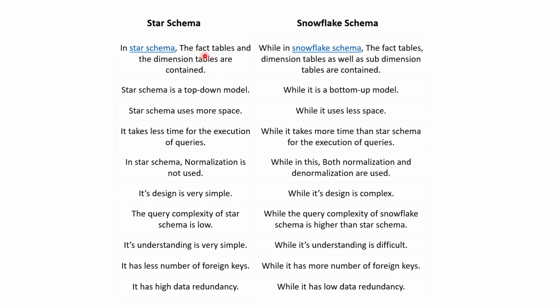In Star schema, the fact tables and the dimension tables are contained, while in Snowflake schema, the fact tables, dimension tables as well as sub dimension tables are contained. Here you can consider that the fact table consists only of quantitative data, that is numerical data, and the dimension consists of categorical data. So this is the difference.